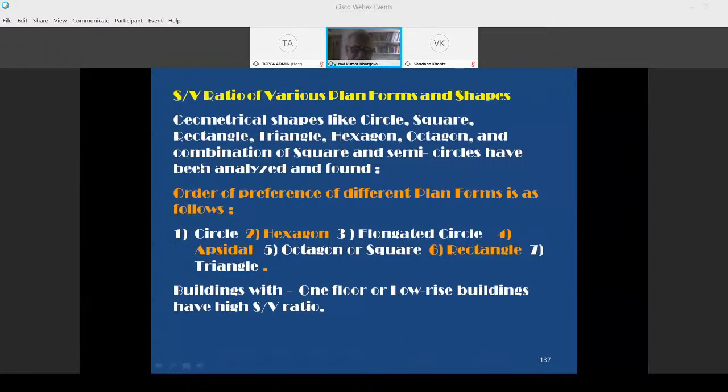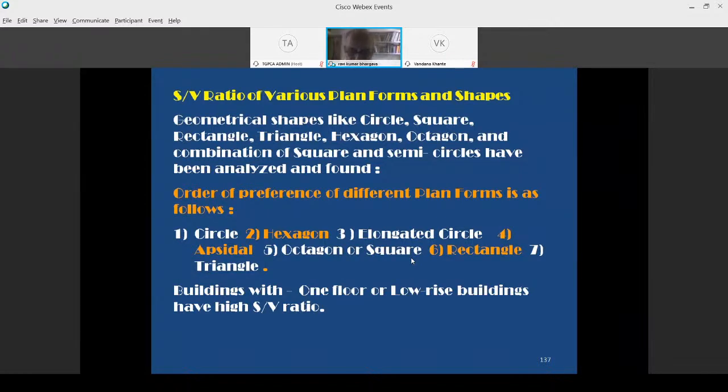So, my analysis shows that the most preferred plan form should be circle. Now, friends, many of our buildings, for example, I will mention, all of you must have seen that building, that is Nehru Science Center in Worli, Mumbai. That is a high-rise, multi-story structure with a circular form.